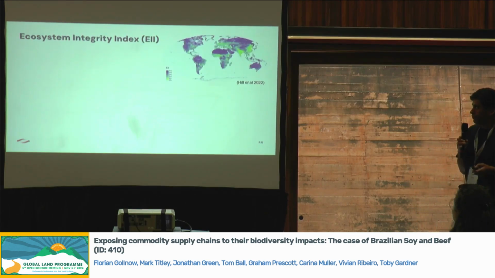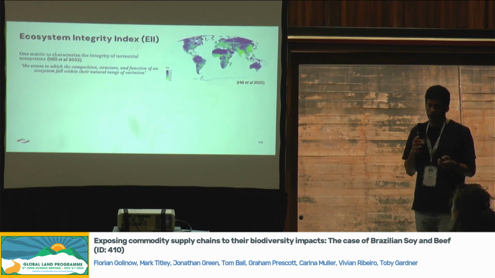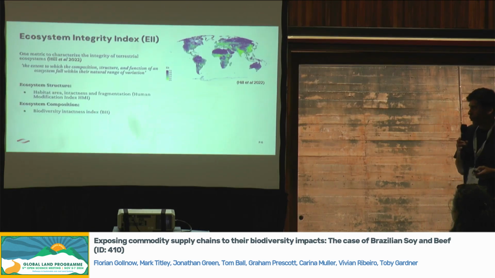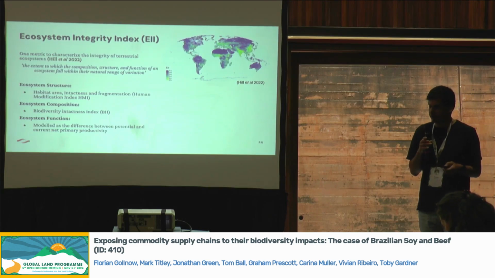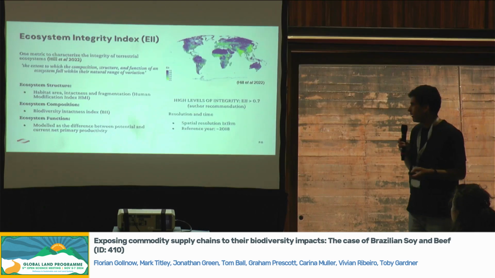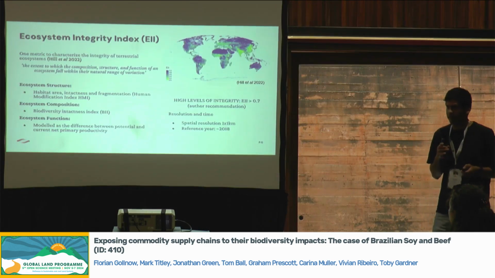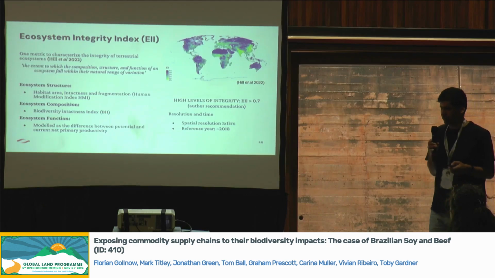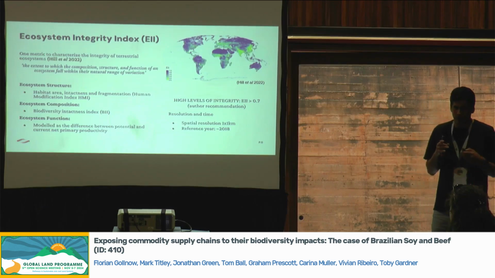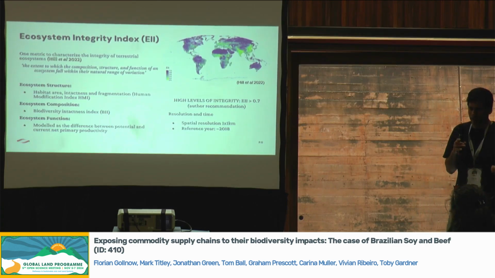And then I'm using the ecosystem integrity index, which is one metric to characterize the integrity of terrestrial ecosystems, and includes different components of ecosystems, such as the structure, the composition, and function, and provides an index linearly scaled between 0 and 1, with high levels of integrity being suggested to have a value larger than 0.7, but that's of course also a little bit arbitrary.